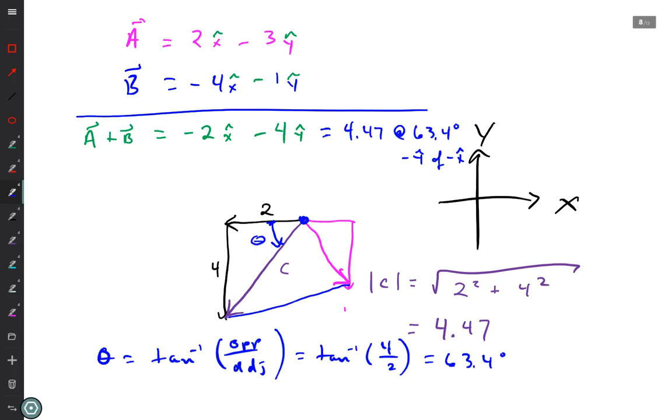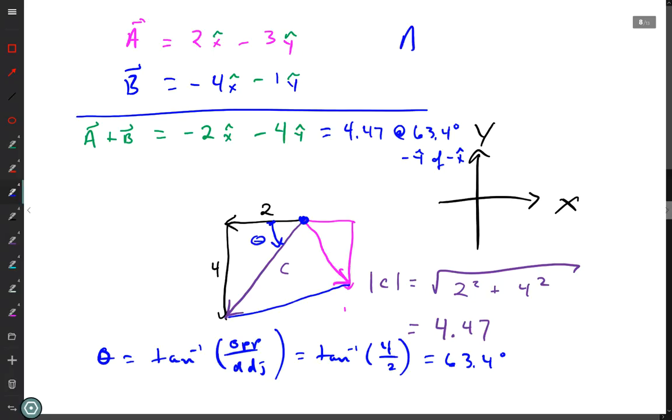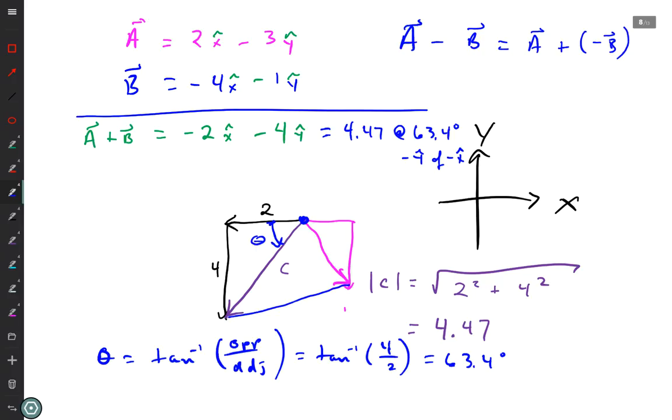So if I am subtracting vectors, if I do A minus B, I just rewrite this as A vector plus parenthesis minus B vector. So minus B vector means I just reverse the direction of the B vector. There's my minus B, and then I add them like I normally would. So still add them tip to tail, but add A plus parenthesis minus B if you're doing a subtraction.